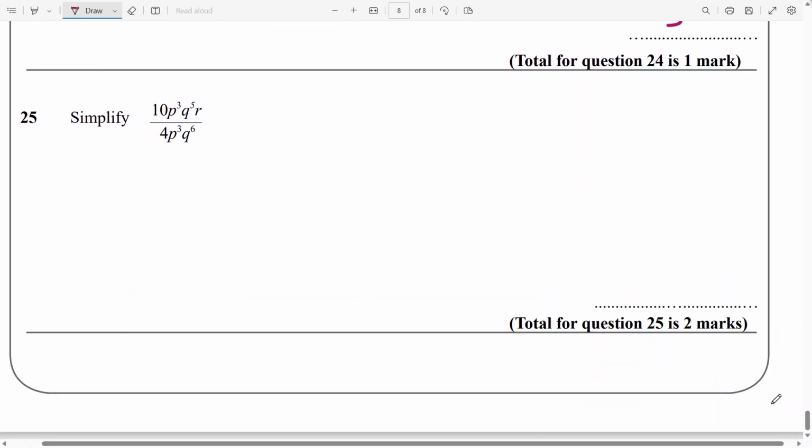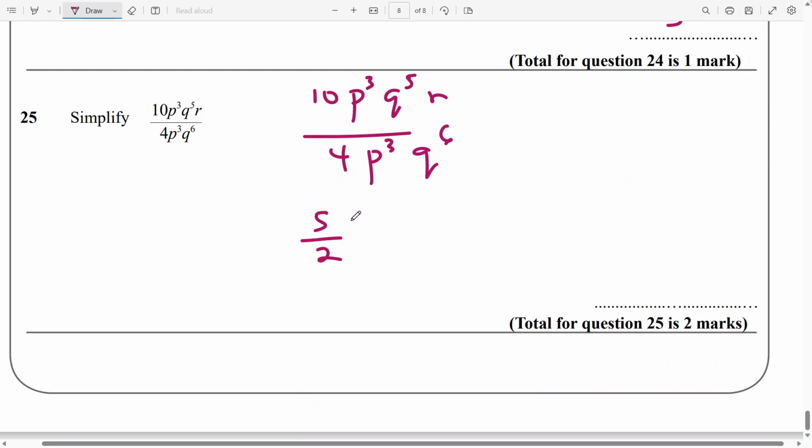And I think this is the last question, and we need to work this out. So we have 10p to the power of 3, q to the power of 5, and just r divided by 4p to the power of 3 and q to the power of 6. So we can divide 10 and 4 by 2. So that's going to be 5 over 2. And p to the power of 3 cancels p to the power of 3. That's gone. And then we have q to the power of 5 divided by q to the power of 6.